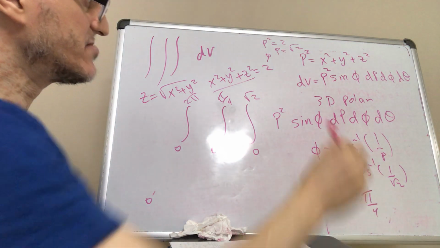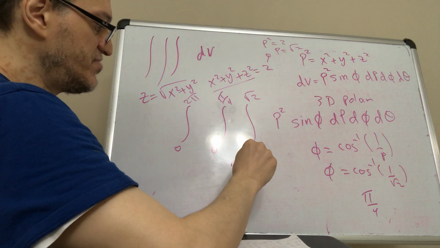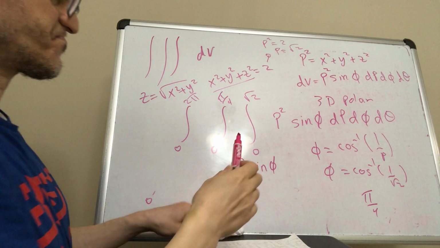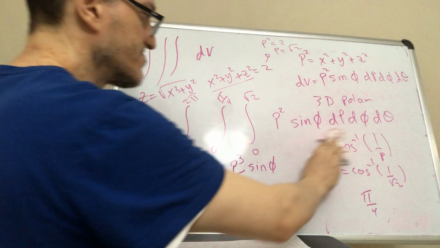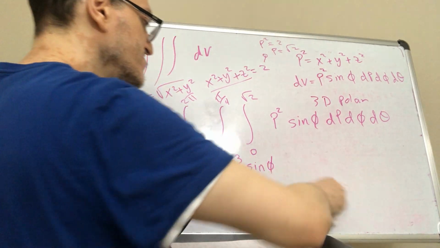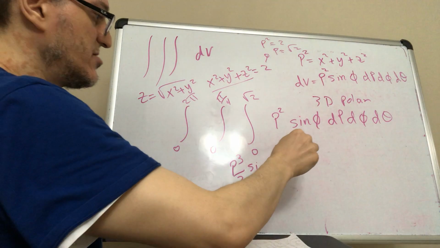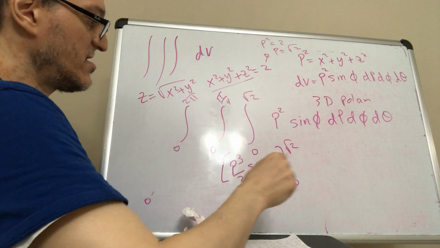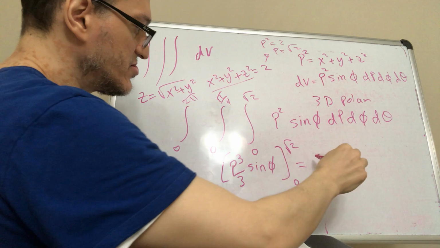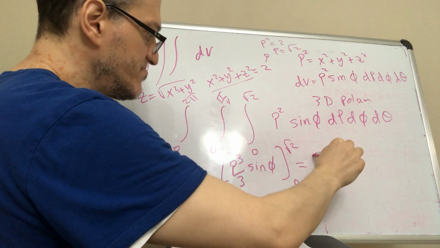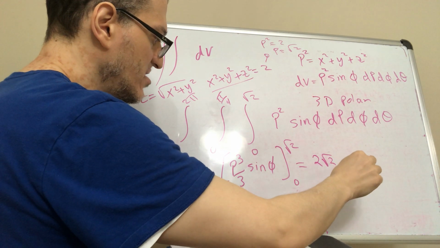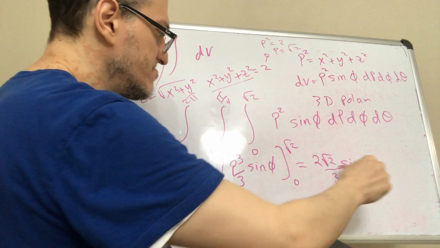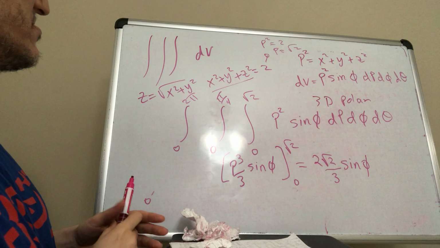Now you're integrating p squared, so it becomes p cubed over 3 sine phi, and you're going to put 0 to root 2. Root 2 cubed would be 2 root 2 over 3 sine phi, and the 0 cancels out.